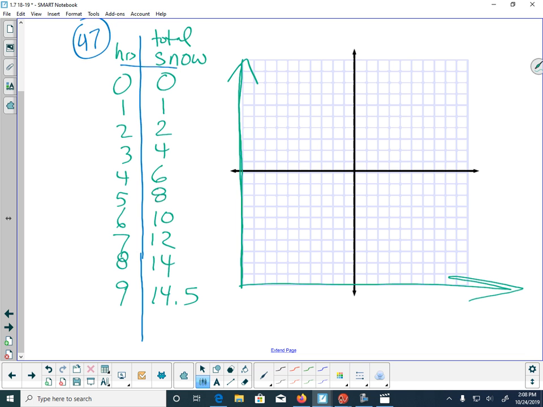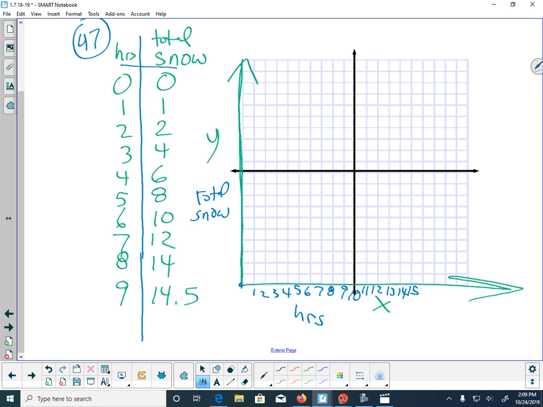All right? You should all do this on graph paper, right? I'm assuming if it doesn't say use a graphing utility, that you're using graph paper for this, correct? All right, so if I'm plotting this, here's 0. Let's see. Yeah, I'm gonna make this 1, 2, 3. These are my hours here. All right, and then over here is total snow.